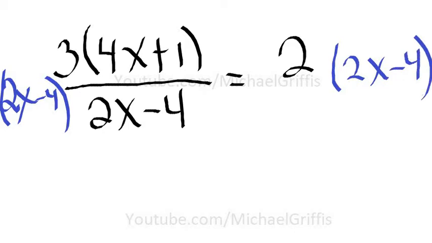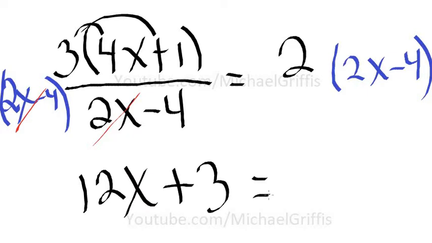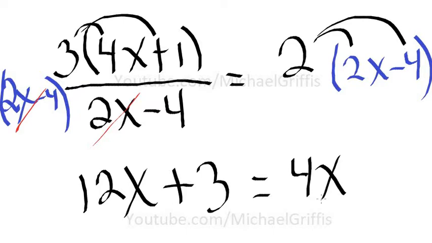And as you can see now, those cancel out. And we can rewrite. I'm going to go ahead and distribute this 3 across inside here. So this is 12x plus 3 is equal to, distribute this 2. That becomes 4x minus 8.